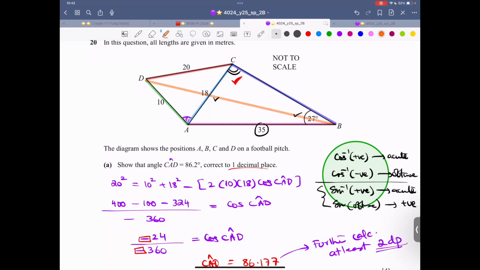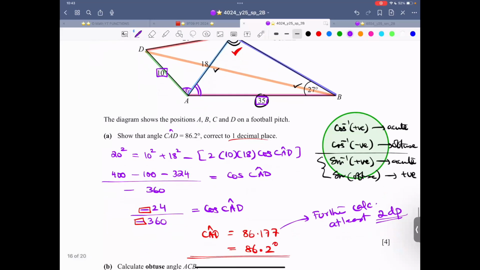Which measurements do I have? I have this thing 10. I have this thing 35. I also have this angle, because this is 118.0 degrees and this is 27 degrees. 118 plus 27 minus 180 gives me 35 degrees.